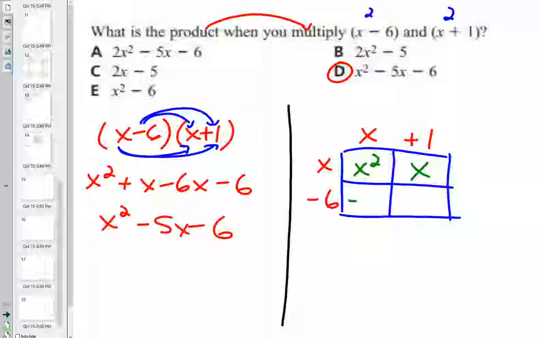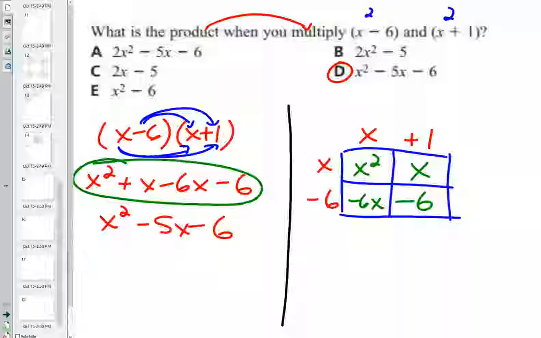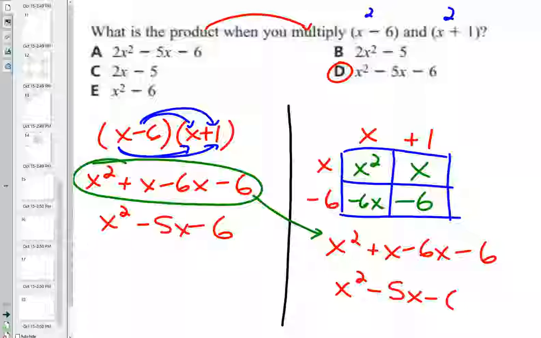Negative 6 times x is negative 6x, and then negative 6 times 1 is negative 6. Now I have those 4 terms, the same way I got these 4 terms here. I have x squared plus x minus 6x minus 6. And they still combine to give you x squared minus 5x minus 6. So I should have 2 different ways of doing it. You pick whichever one you like the best.